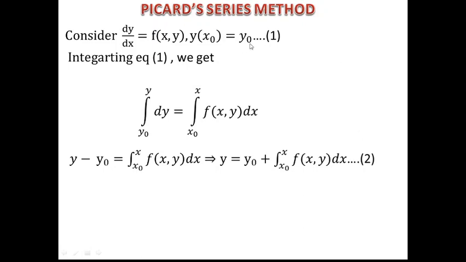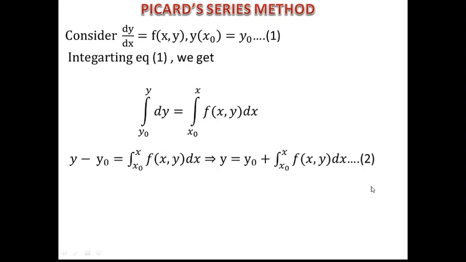So we have replaced equation 1 by an equivalent integral equation, given by equation number 2. Equation 2 is equivalent to equation 1, since the solution of equation 2 is a solution of equation 1 and vice versa. Therefore we obtain the solution by an approximation method.